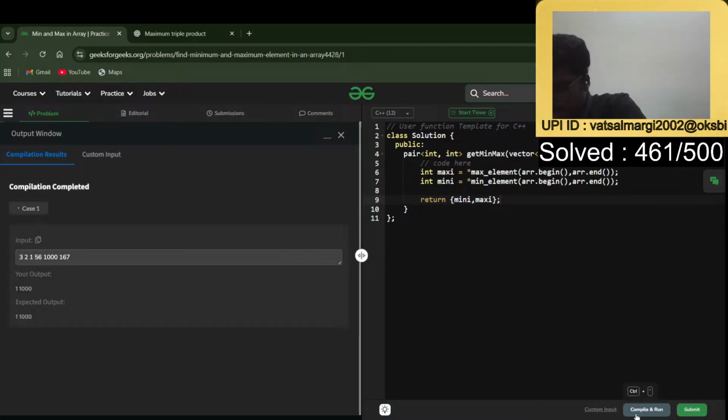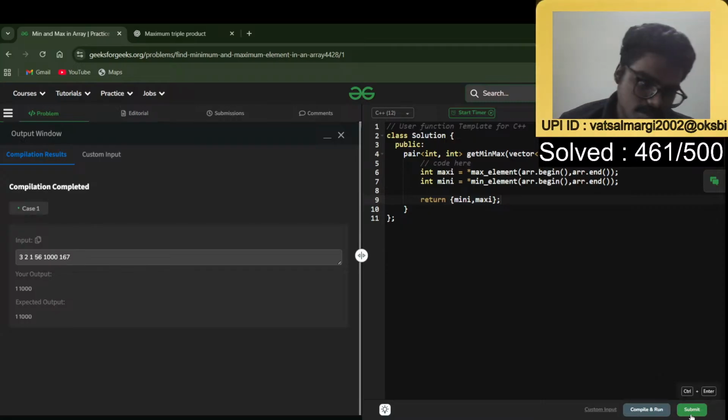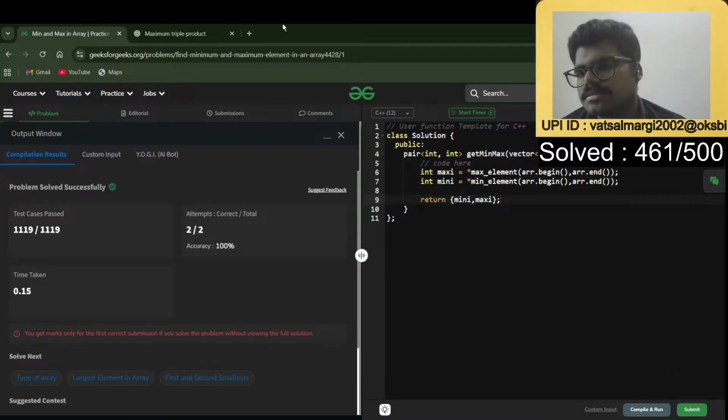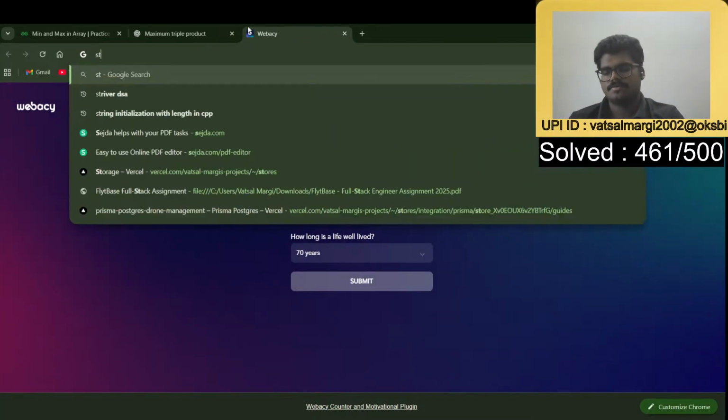I'm completely confused. First of all, get comfortable with a programming language. Once you get comfortable with the programming language, then you can start any sheet like Striver's DSA sheet.